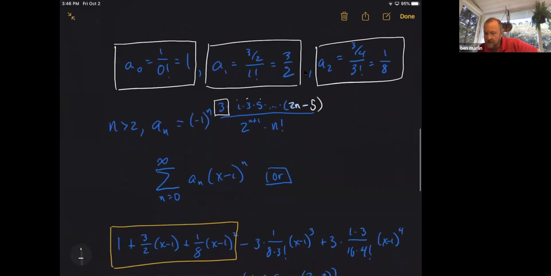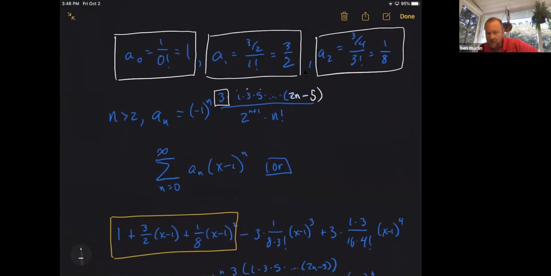So that says that we've got formulas for our a sub n's, and we can just say, heck with it, and right here say, summation n equals 0 to infinity a sub n times x minus 1 to the n, and just have our a sub n specified elsewhere. Perfectly fine to do. In practice, they tend to not do that, though.